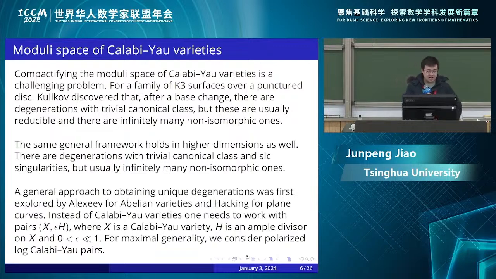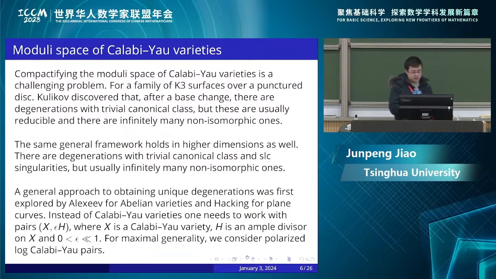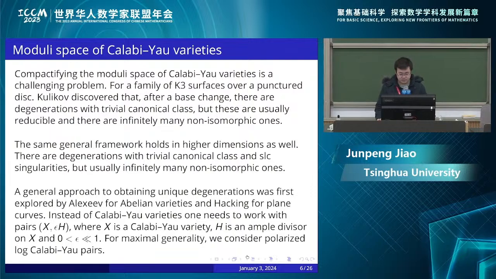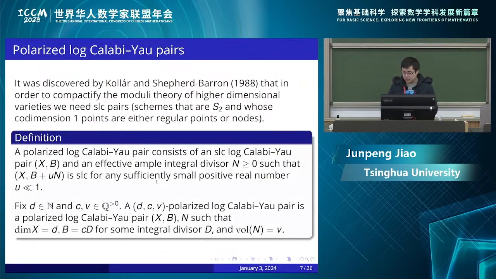So instead of Calabi-Yau varieties, one needs to work with pairs (X, εH), where X is a Calabi-Yau variety, H is an ample divisor, and ε is between 0 and 1. For maximum generality, we consider polarized log Calabi-Yau pairs. The polarized Calabi-Yau pairs give a unique degeneration of all Calabi-Yau pairs.